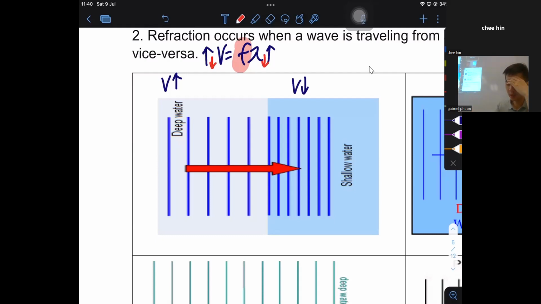So from here, I need to understand that as it goes from deep into shallow, because here the speed is faster, the wavelength is going to be longer. But when it goes from deep into shallow, because the speed is slower, you'll notice that the wavelength decreases in accordance with the formula because frequency stays the same.